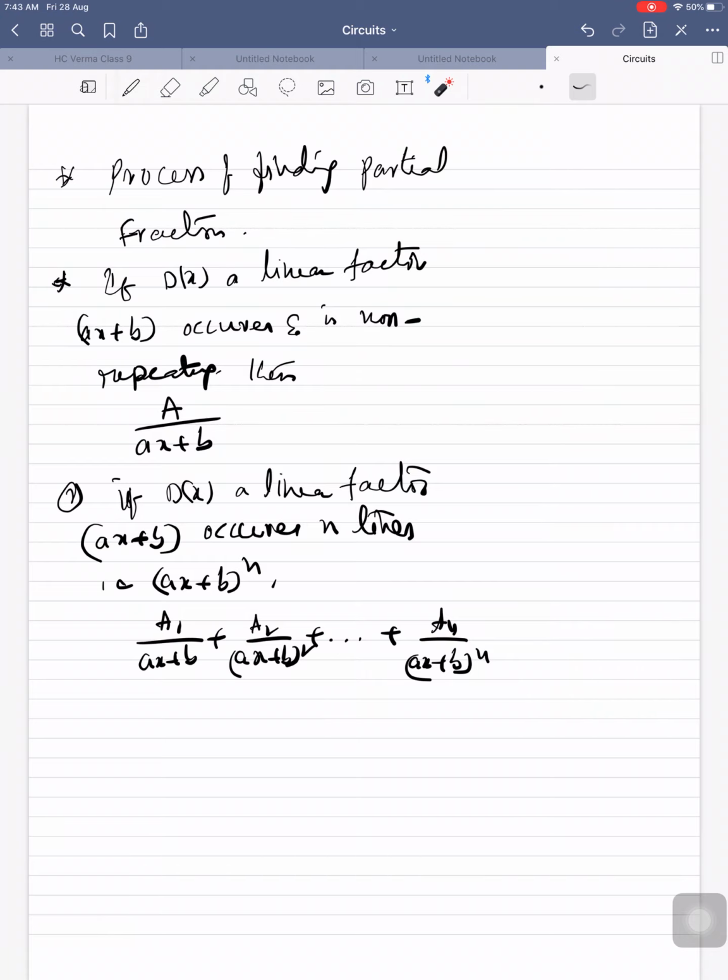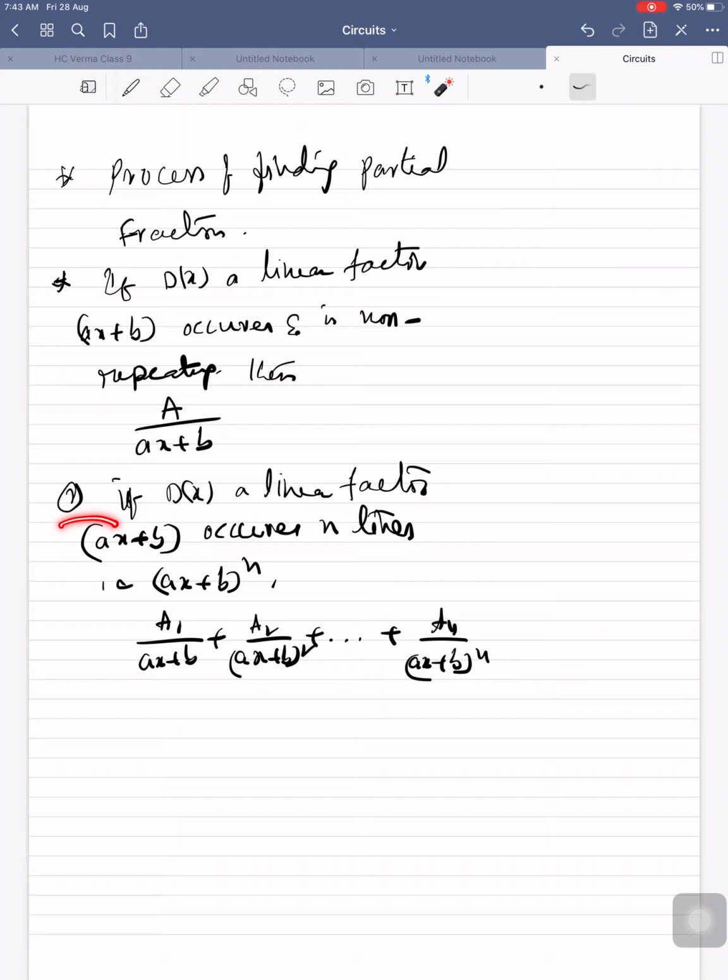In that case, first, if d of x is a linear factor. Factors are of 2 types: linear factors and non-linear factors. That denominator must be linear, like ax plus b, occurring only one time, non-repeating. Only one time means that it is not repeated. So in that case, a by ax plus b.